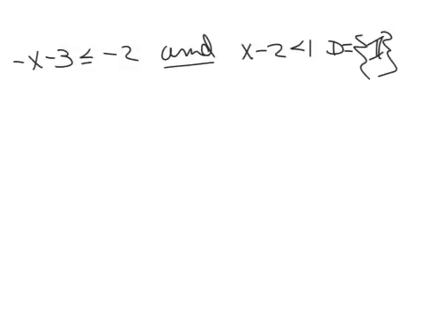The word "and" means that both conditions must be met. Okay, so both conditions must be met. And we're going to go ahead and see what those conditions are.